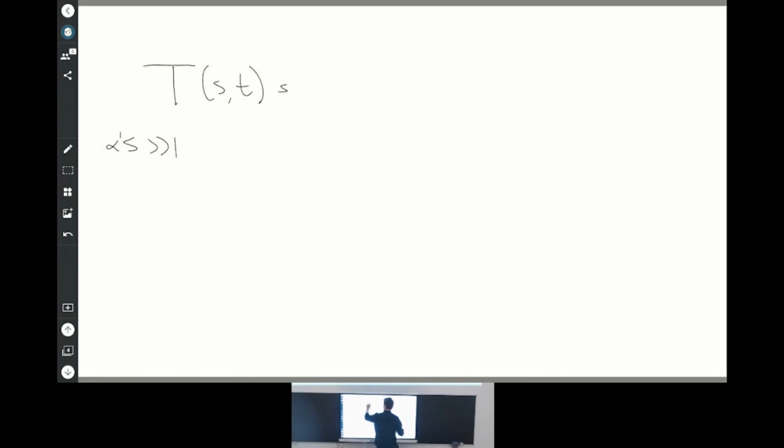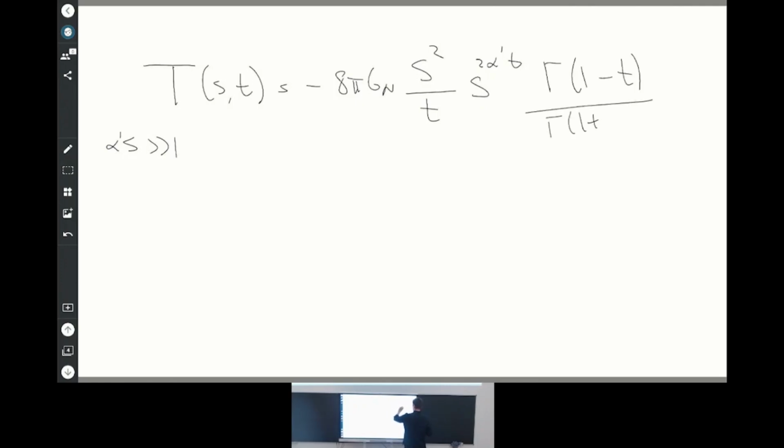It is the previous result that we have, s squared over t, but now it is dressed by s to the alpha prime t, and a factor of 2, and gamma of 1 minus alpha prime t over gamma of 1 plus alpha prime t, and a phase.